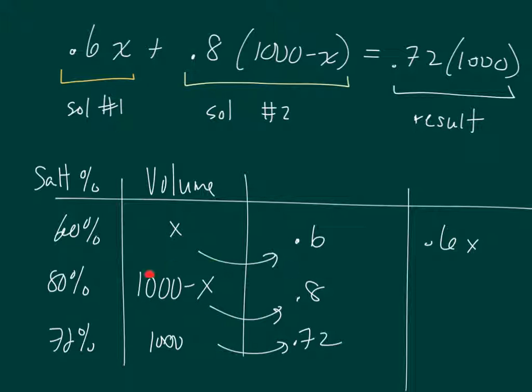And then 0.8 times this gives you the middle part of the equation right here. And then finally 0.72 times 1,000 gives you the last part of the equation. And that's the part over here on the far right. So in the end, what are we doing? We're saying, well, you know what? This is literally the amount of salt.